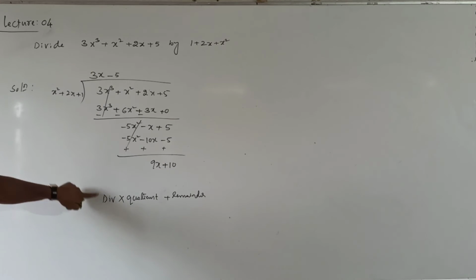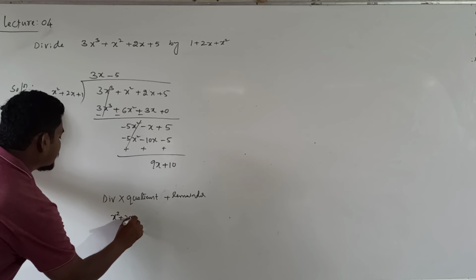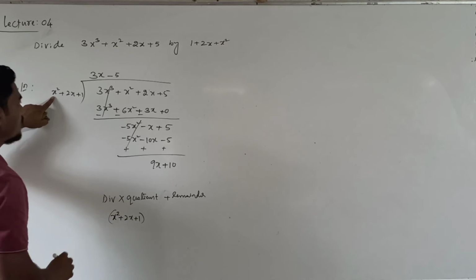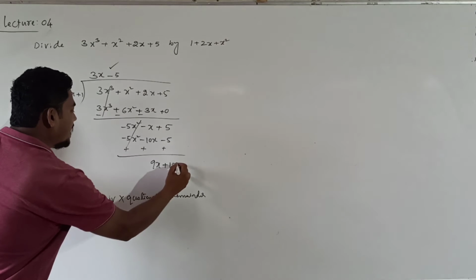Now what is divisor? This is divisor, x square plus 2x plus 1, into this is our quotient, and it is remainder.